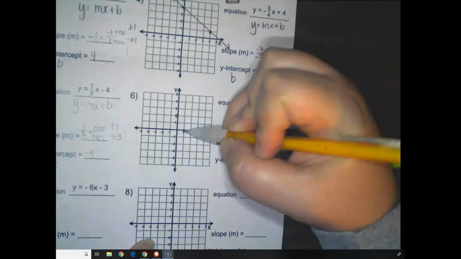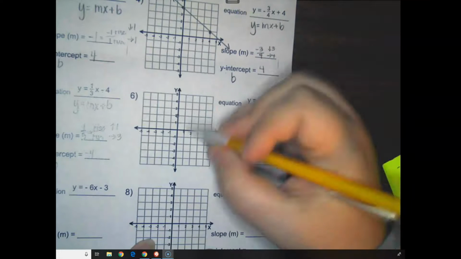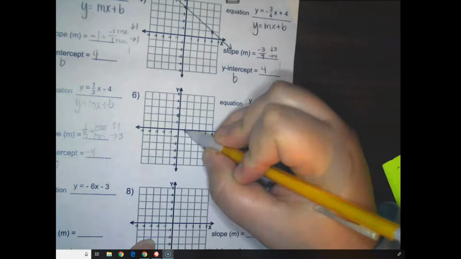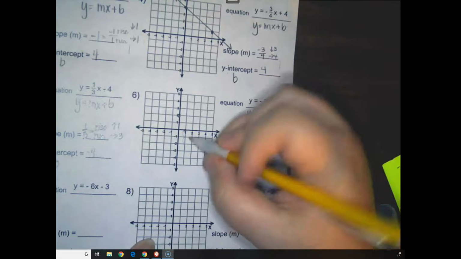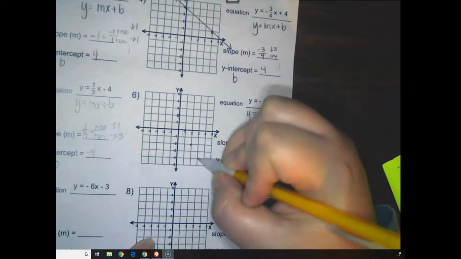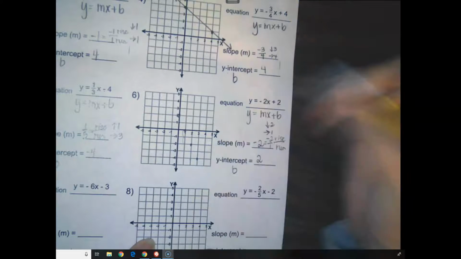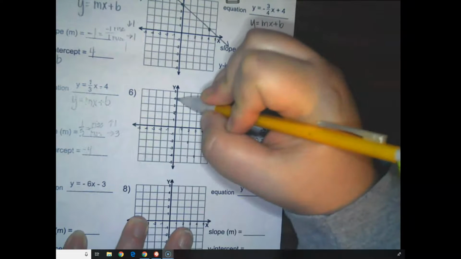So down 2, to the right 1. Now, some students in class were having this issue, so I'm going to address it here too. When it says down 2, I'm going from line to line. So 1 line, 2 lines, and then over 1. Down 2 lines, over 1 line. Then I'm going to do the reverse. So we went down, so this time we're going to go up 1, 2, over 1.